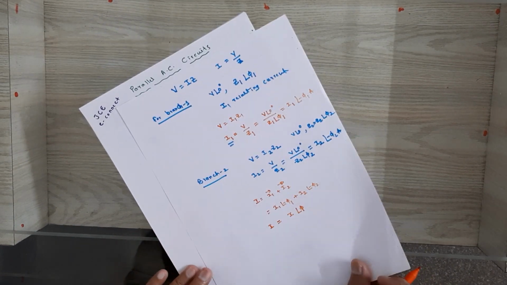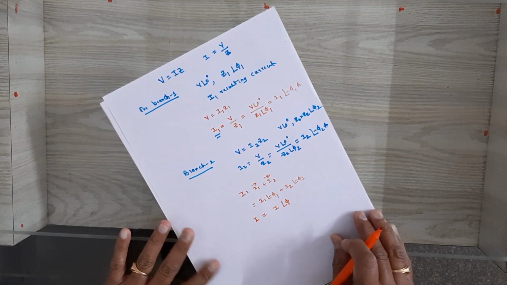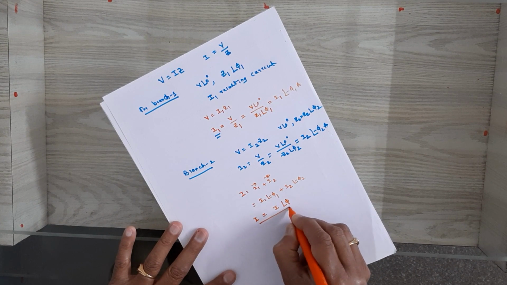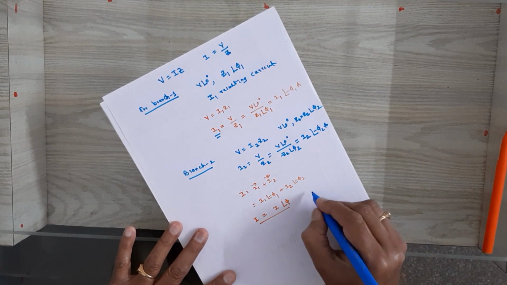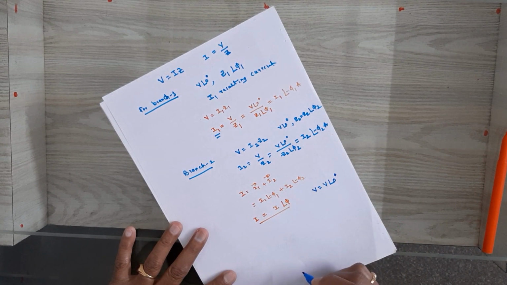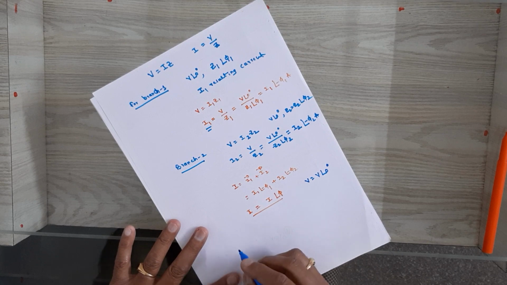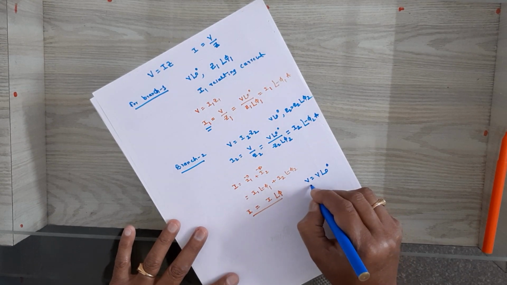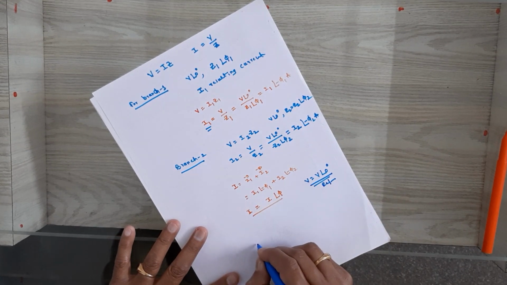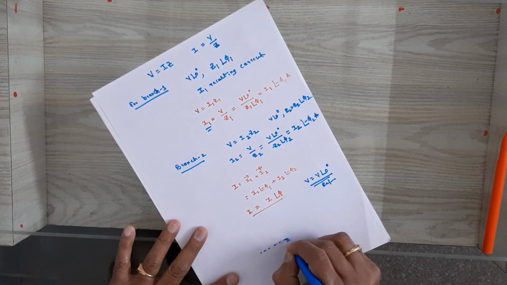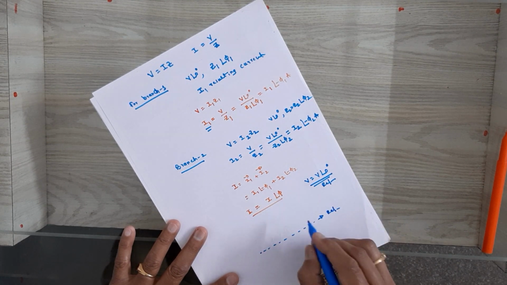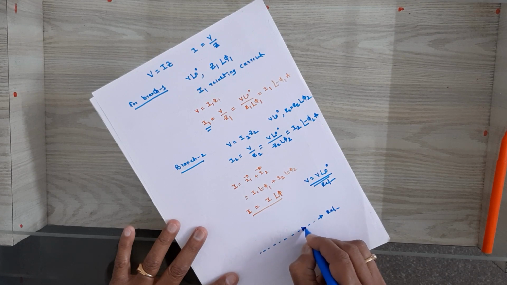Then how to find the power factor? The voltage is represented as V at an angle of 0 degrees. If you draw a vector diagram, taking this as the reference, the voltage is along the reference.